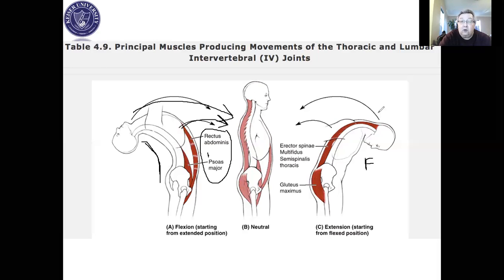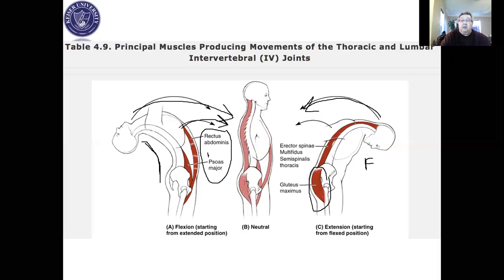In order to go back to the neutral position, which is letter B, we need back muscles to perform it. So remember the extenders we talked about, the erector spinae, the multifidus, but also another set of extensors at the hip is the gluteus maximus, which is a major hip extensor also.